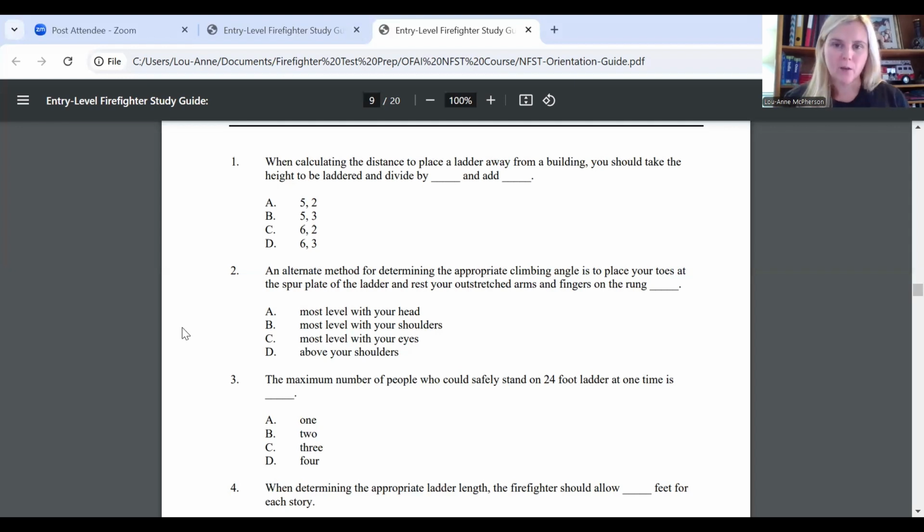Now, another thing I want to caution you on is selecting firefighter related words to help you locate the answer in the text. To me, things like spur plate and ladder are most likely going to be in the text often because they're firefighter oriented, particularly the ladder, because we're talking about ladders throughout the text. So that's not something you're going to want to use to help you locate where the answer is.